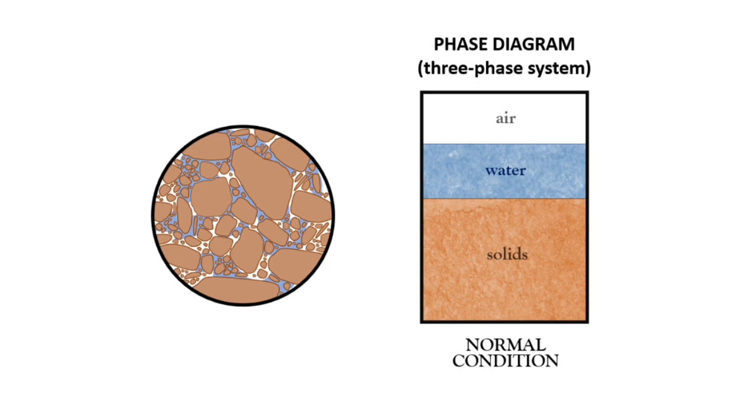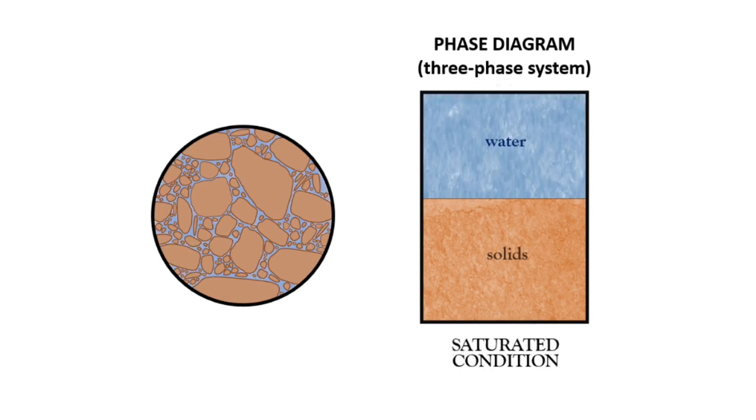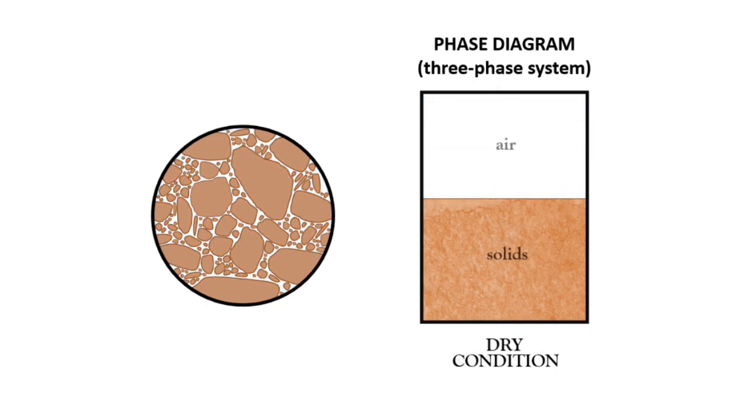Ang tawag natin sa condition ng soil na yan is the saturated condition. So dalawa lang yung makikita mong components. We have the water and the soil solids. Pwede rin naman na mangyari is yung void spaces natin ay air lang. So, walang existence of water. So, ang tawag naman natin dito is the dry condition of the soil.